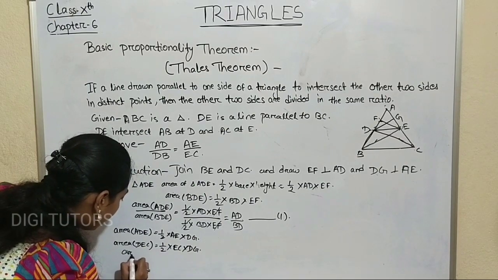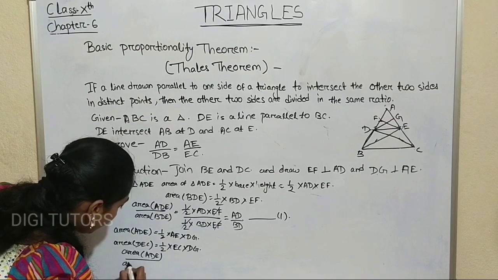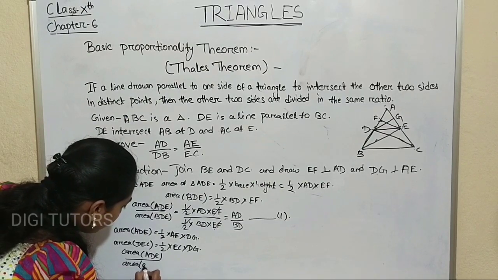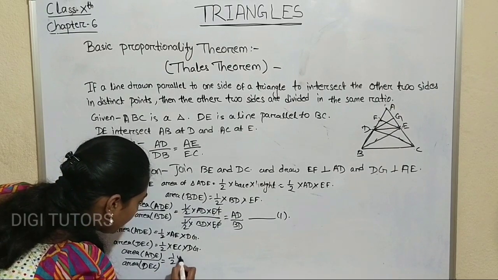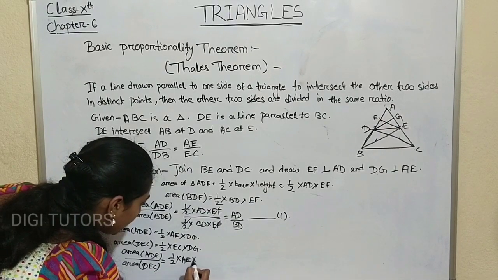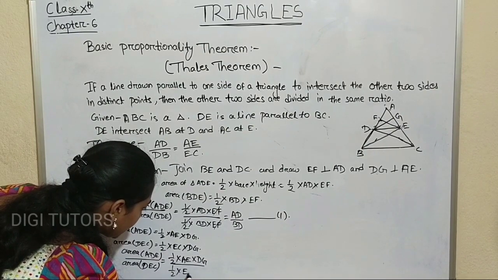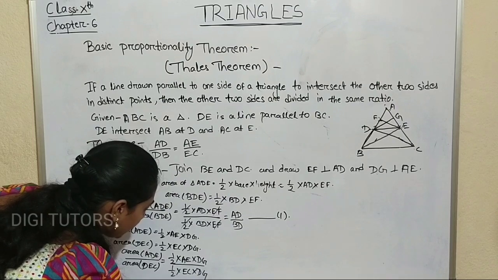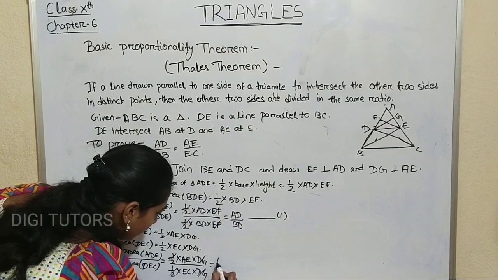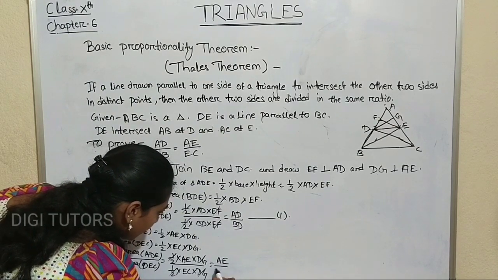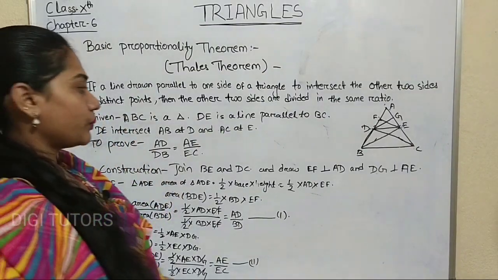Area of ADE by area of DEC is equal to half into AE into DG by half into EC into DG. So here also half cancels, DG cancels, we get AE by EC. Let it be our equation 2.